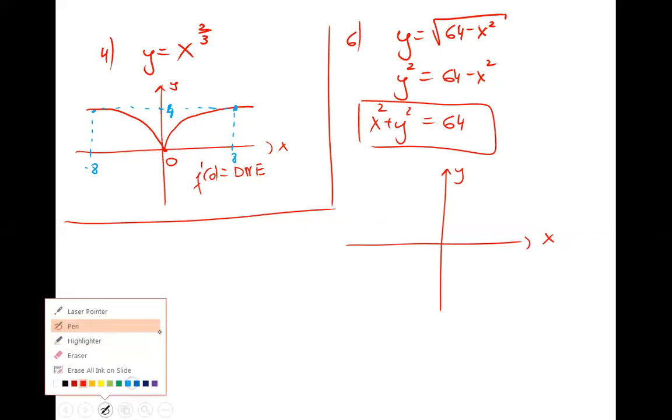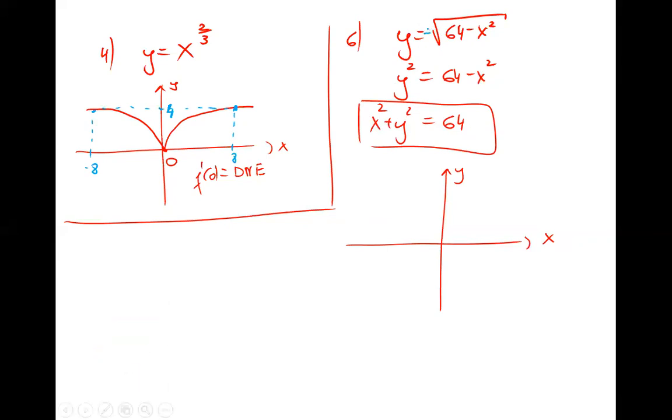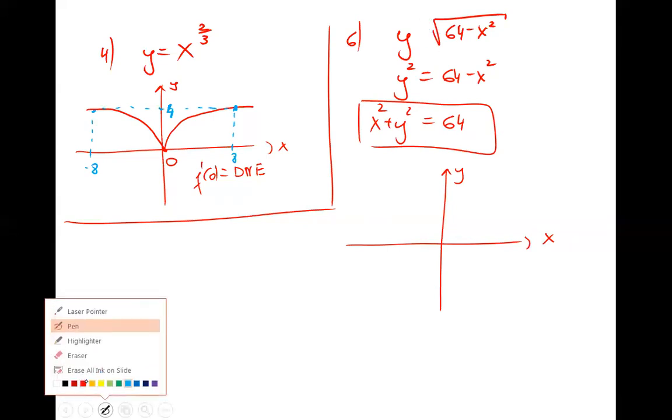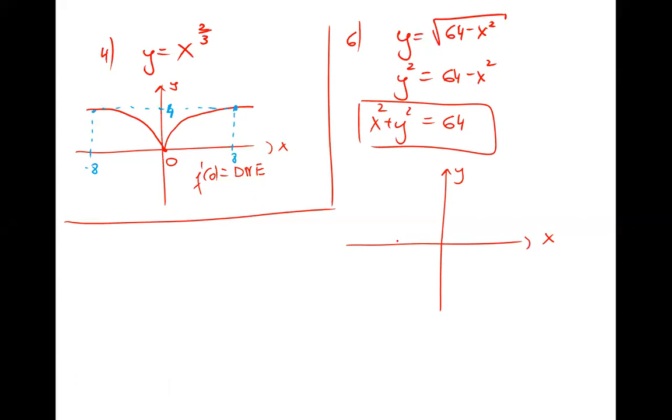However, taking a square root, I do have a positive and negative square root. And since my original function only has the positive square root, I will only take the positive, which means the upper part. I will not take this part. And this is, of course, 8 and negative 8.